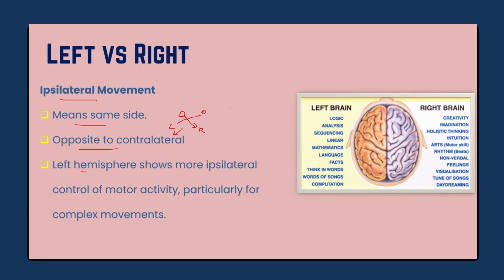So the left hemisphere shows more ipsilateral control of motor activity, particularly for complex movement, which means the left brain has more control over the left part of the body compared to the control the right brain has over the right part of the body. I hope that was easy to understand. This is ipsilateral and not contralateral that we are talking about.